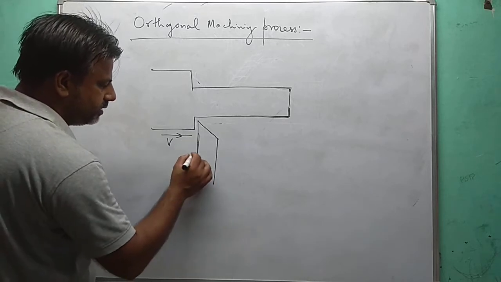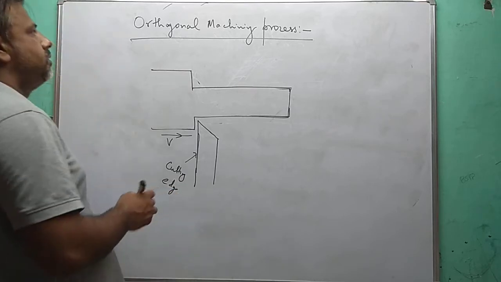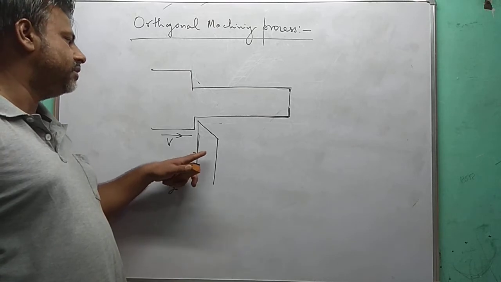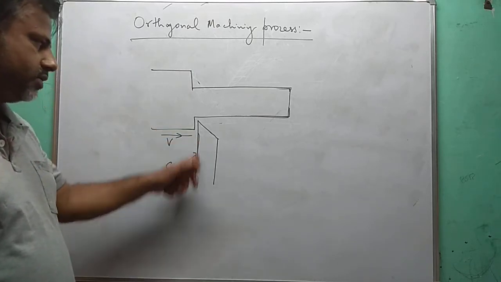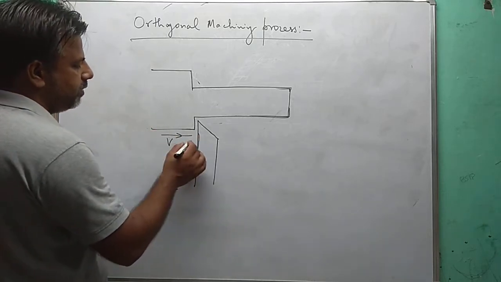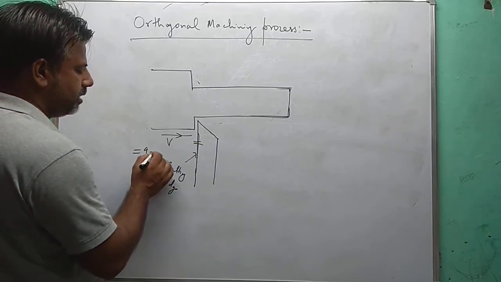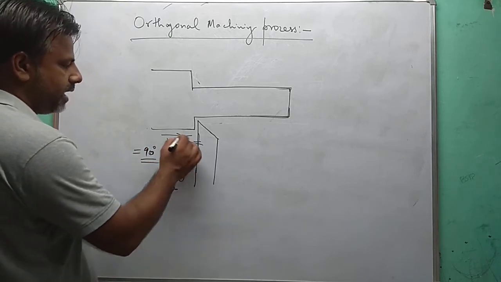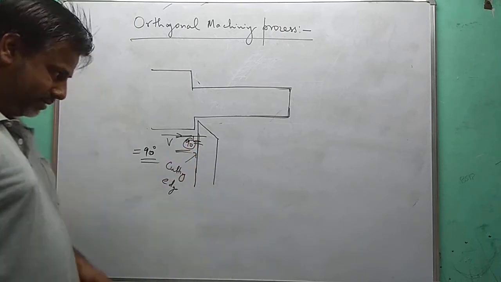This is my cutting edge. So in the orthogonal machining process, the relative velocity between the work and the tool, or the cutting velocity, and the cutting edge of the tool are perpendicular to each other. So the angle between the cutting velocity and the cutting edge is 90 degrees.